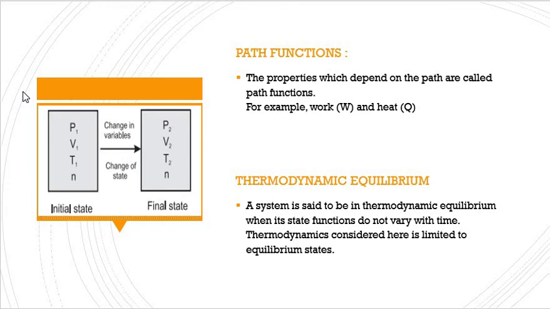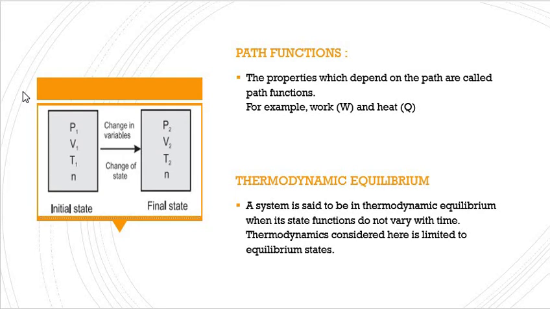The gas at that moment will not be in equilibrium state, or it is in non-equilibrium state. As soon as I stop the movement of the piston, what is happening now? The gas is attaining pressure P2, volume V2, temperature T1. In that state, these are the state functions, and now it is coming in equilibrium state.